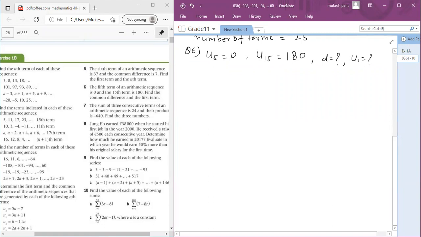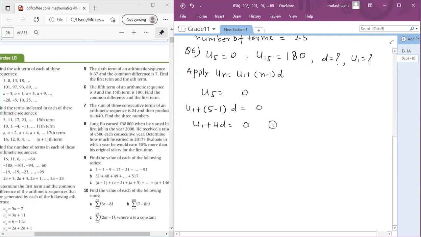We have a formula, un equals u1 plus (n minus 1) times d. Since u5 equals 0, we write u1 plus (5 minus 1) times d equals 0. So u1 plus 4d equals 0.